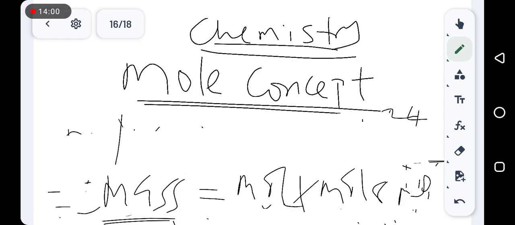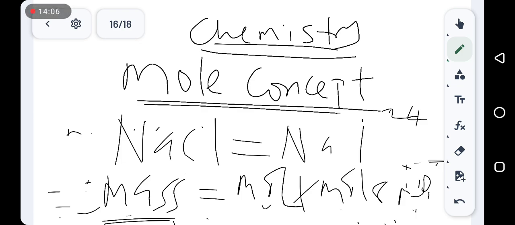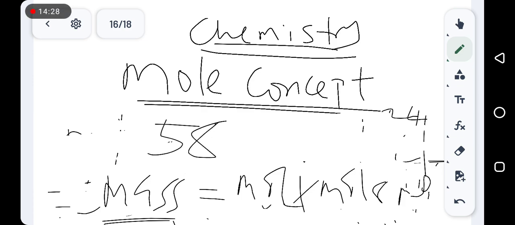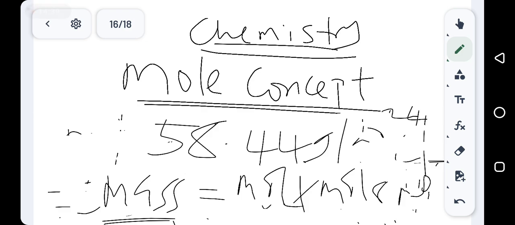Sodium chloride is NaCl, so you find the mass of sodium plus the mass of chlorine, and when you add the two, that gives you the molar mass. But here we are given the molar mass, so there is no need for us to calculate. The molar mass of sodium chloride is 58.44 gram per mole.